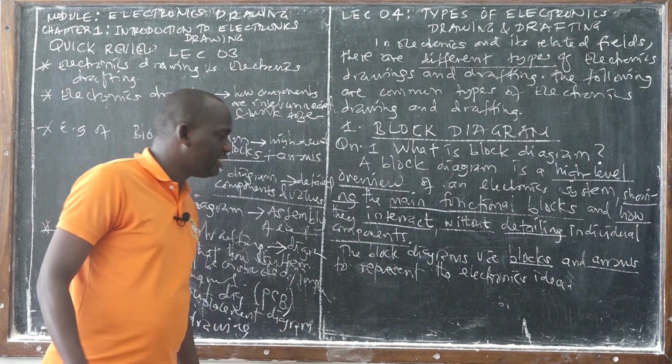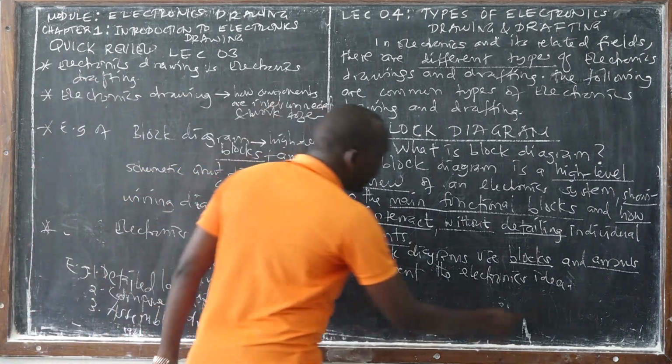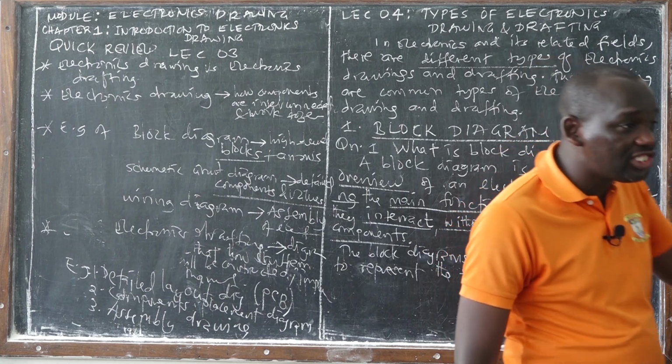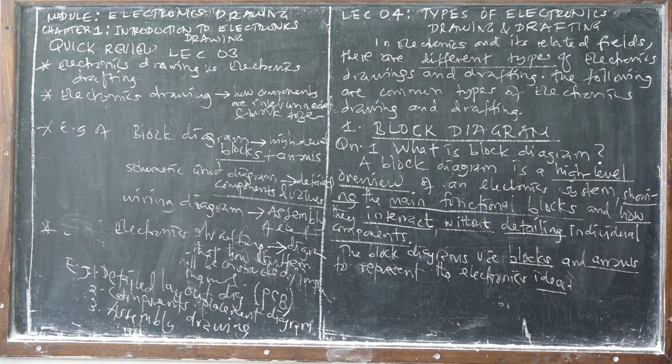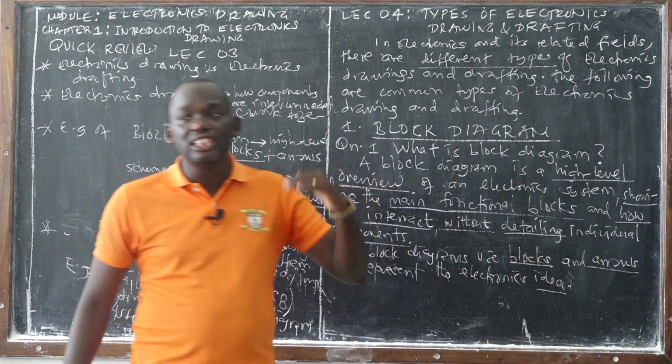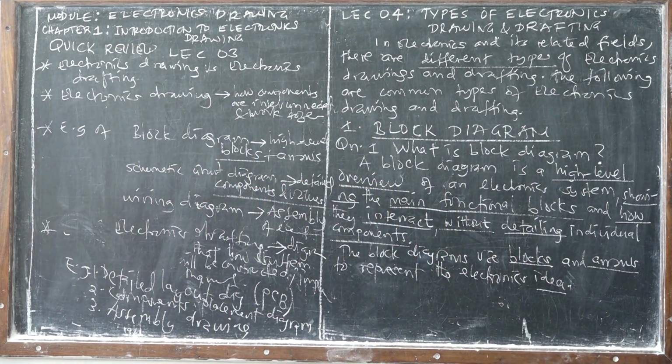It just shows the concept by using blocks and arrows. We don't expect to see a schematic symbol of a resistor, a diode, or a transistor in a block diagram. Why? Because this is the high level. It gives you the big picture, not the details. But that big picture is very important for you to come up with a detailed diagram. Are we together? Yes.